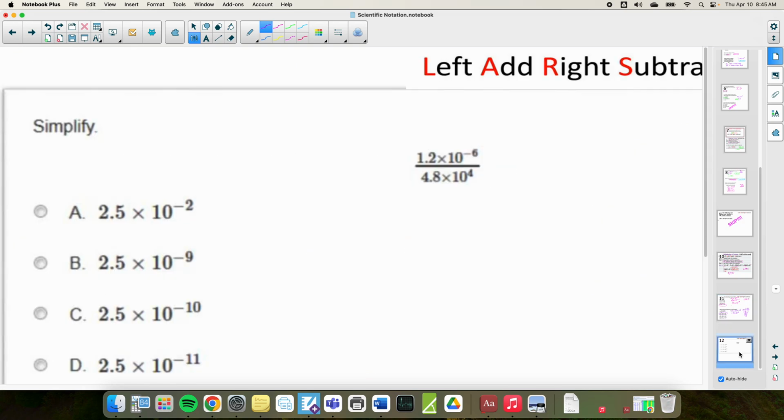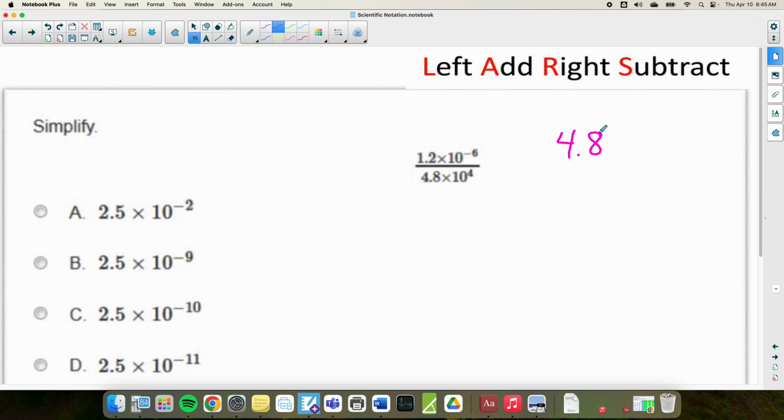Okay, so if I look at this one, I have to divide these two. So I have 4.8 dividing into 1.2. Do you guys remember if you have a decimal point in both, can't you move the decimals over in both of them, right? Do you remember that?